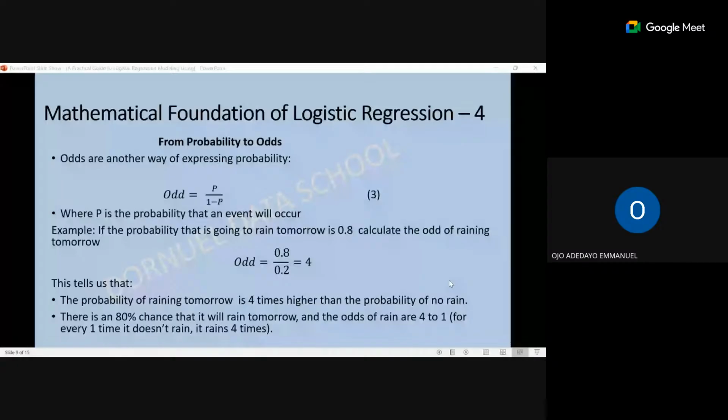Damilola, any question for me? No question, sir. Olayinka, Boluwatife, any question for me? Not for now. Okay, good. Dolafumi, any question for me? No questions, sir. Okay, good.